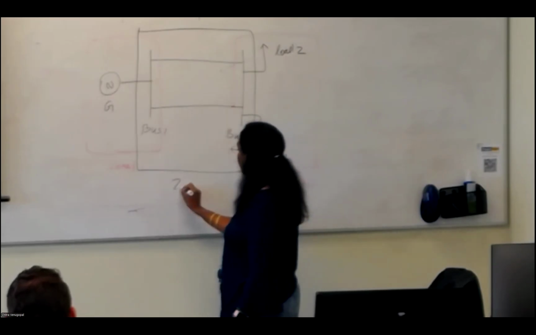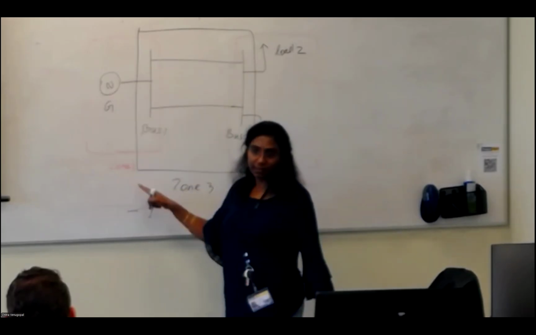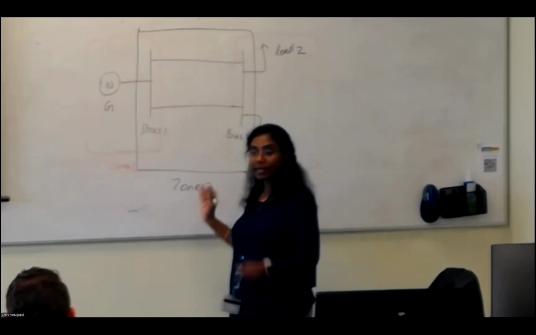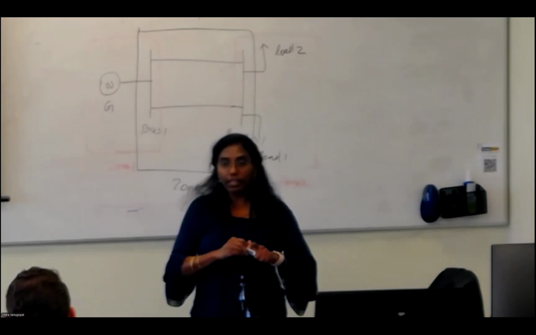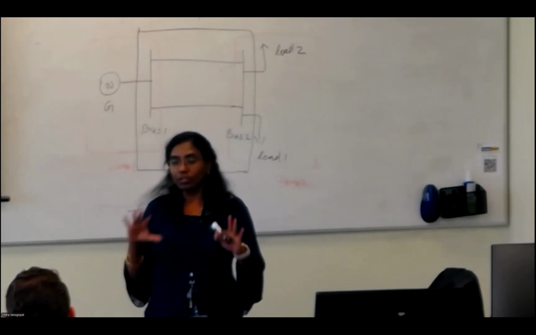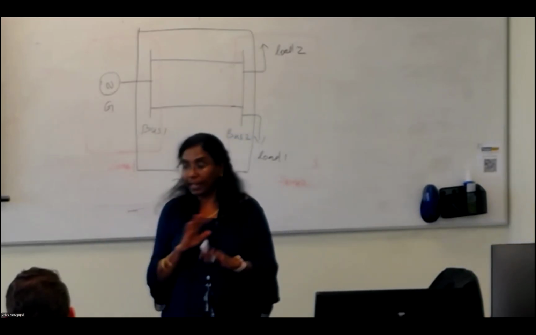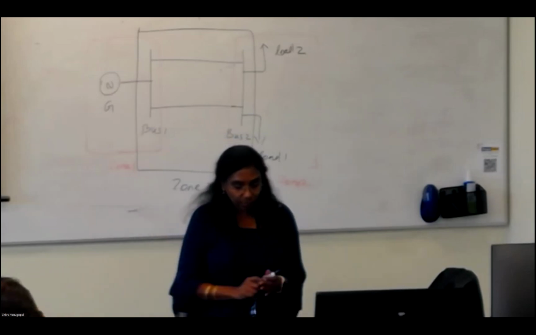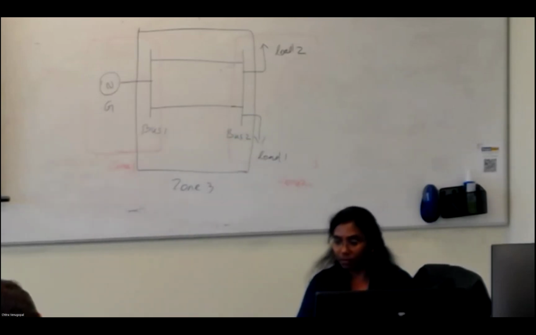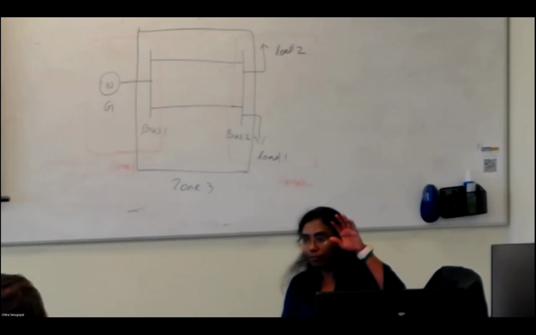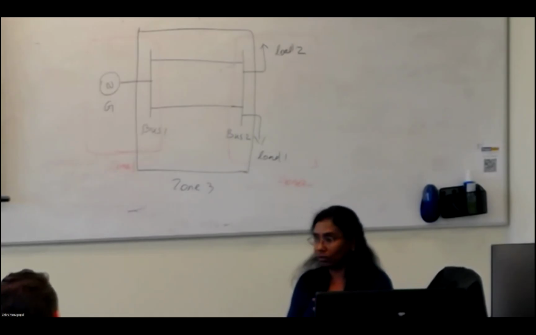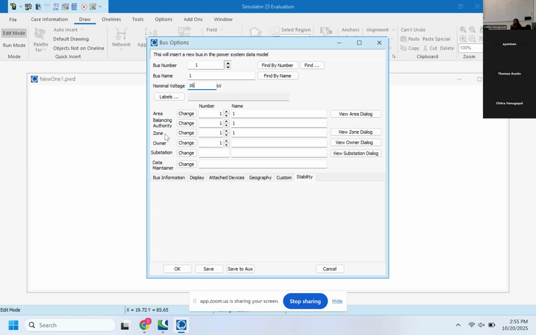Whereas zone 3, the overlapping zone, covers the two buses. This is how zones are categorized to make the protection perfect, so that the protection does not fail anywhere. So you have to name each bus by its zone so that you can overlap it later.